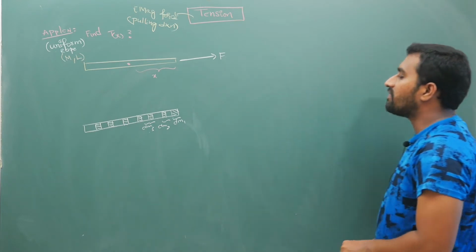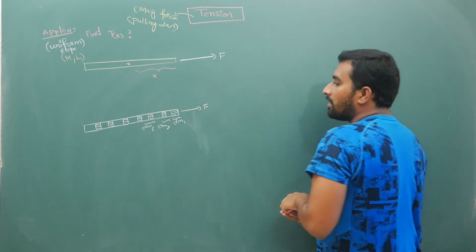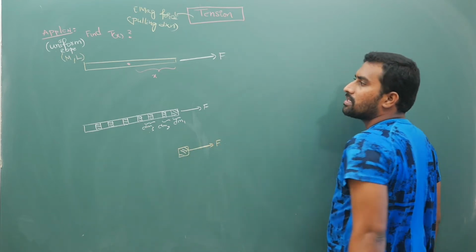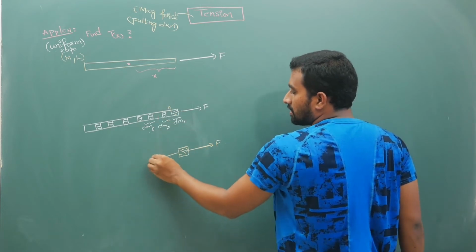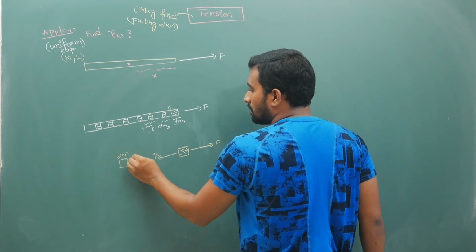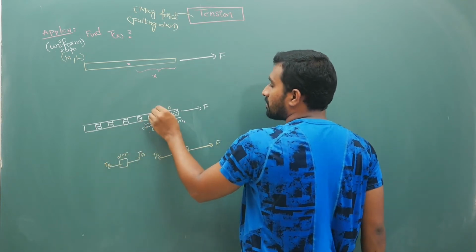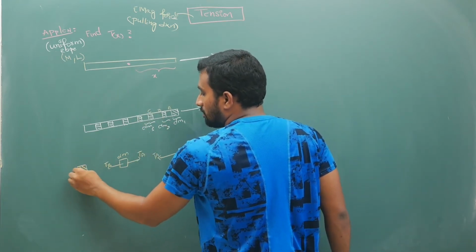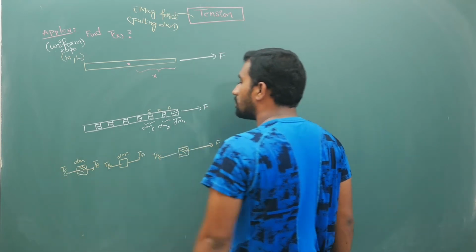Now remember, first and foremost important point: if you take the free body diagram of this small part here, force F is applied towards the right on it. Some small tension TA will be acting here. If you take one more dm mass here, TA will be acting towards the right and TB will be acting towards the left. If you take some other part C here, TB will be acting towards the right and TC will be acting towards the left, like this.